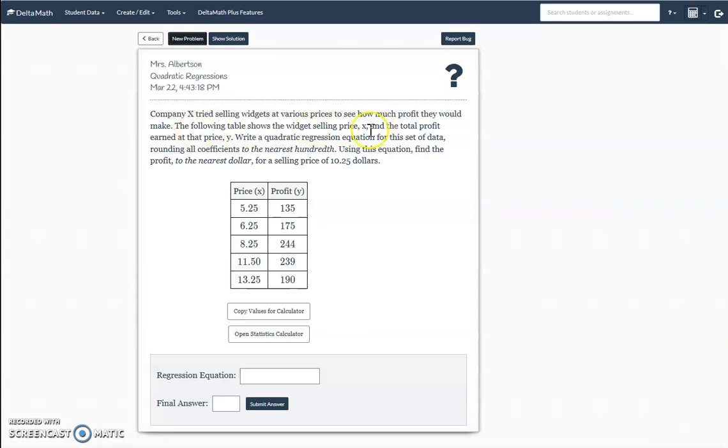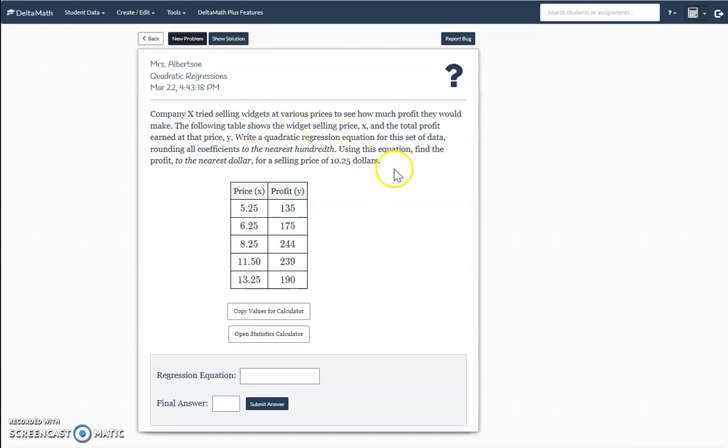So the table shows the selling price and then the profit for the company. So write a quadratic regression, rounding to the nearest hundredth. So that means 2 decimal places. And then use this equation to find the profit to the nearest dollar for selling at a price of $10.25.